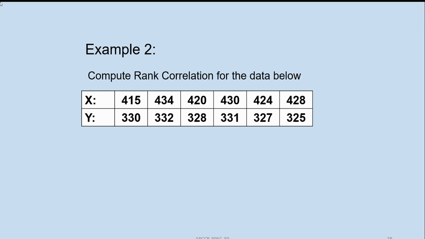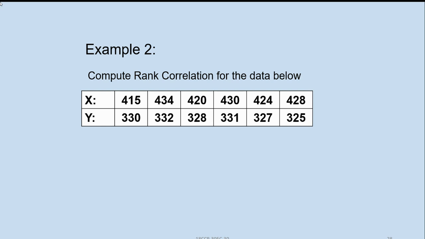And for Y also, the smallest number is 325. So in the R2 column, you write 1 against 325.